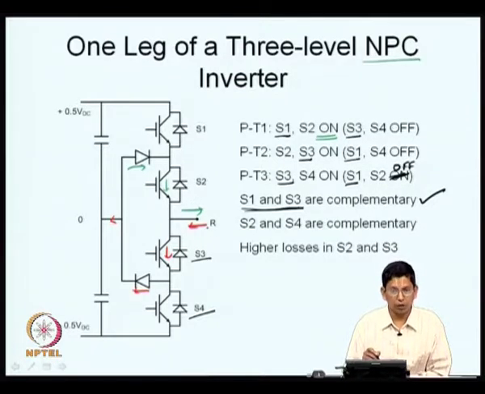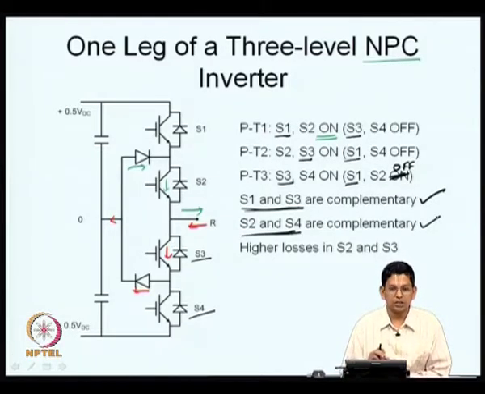You see that they are mutually exclusive. So, S2 and S4 are complementary. Similarly, S1 should be on only when the pole P is connected to the top throw. S3 should be on whenever the pole P has to be connected to the middle throw or to the bottom throw. So, S1 and S3 are complementary.